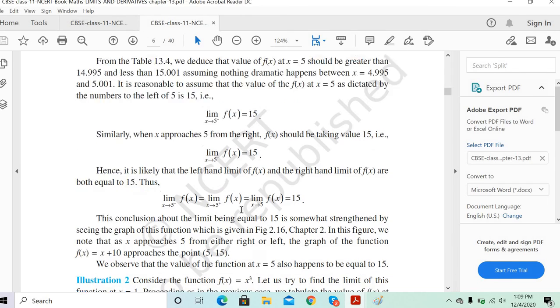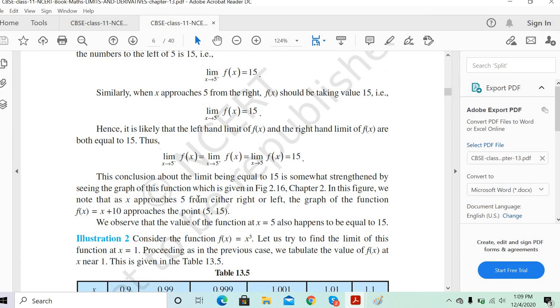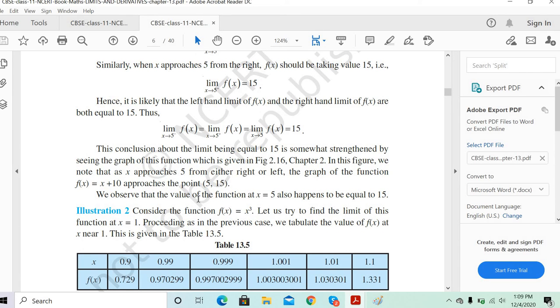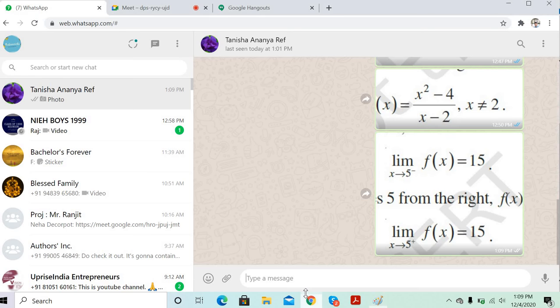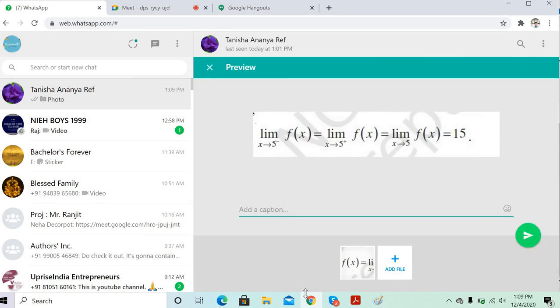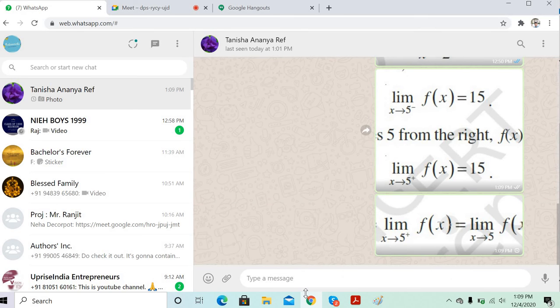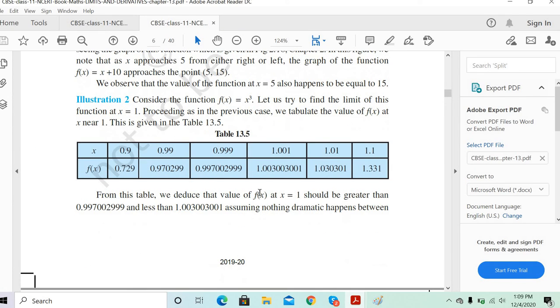Understood? How do you represent it? In the representation form of the limits, we say that the limit exists when the left hand limit is equal to the right hand limit is equal to the value of f of x, 15, correct? Any questions, any doubts?